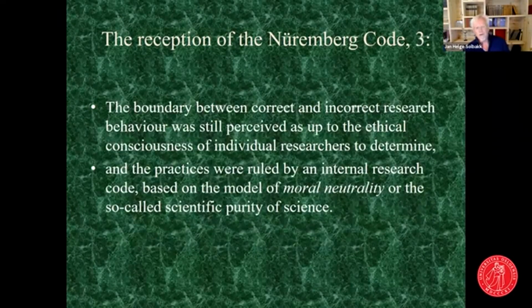The boundary between correct and incorrect research behavior was still perceived as up to the ethical consciousness of individual researchers to determine. And the practices were ruled by an internal research code based on the model of moral neutrality, or the so-called scientific purity of science.